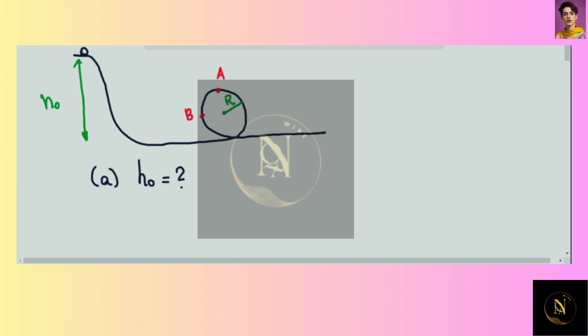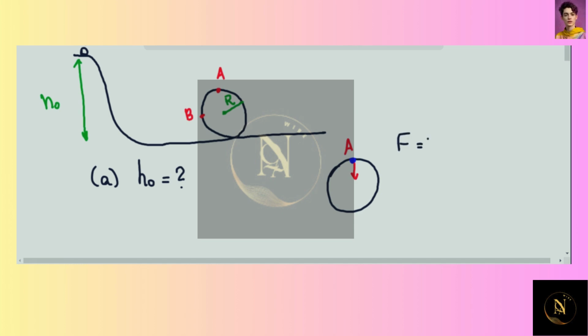Okay, so the first thing we need to notice is that when the particle is in the loop, in order for it to reach point A, the minimum value of the normal force must be 0. Basically, there's a normal force that the track exerts on the object, that's downwards, and also downwards we have the gravitational force.